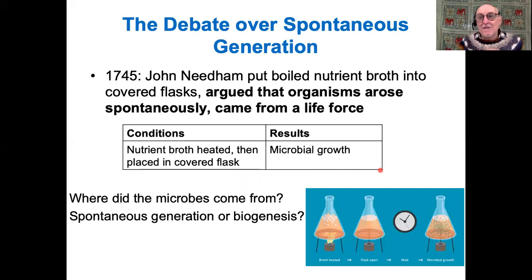In 1745, this gentleman, John Needham, performed a similar experiment to Redi's, excepting that he used this broth idea. And he decided that what he was going to do was he would take broth and a soup, essentially, and he would boil it, and then he would leave it and see what happened. Well, if you do that, after a while, the broth begins to ferment.